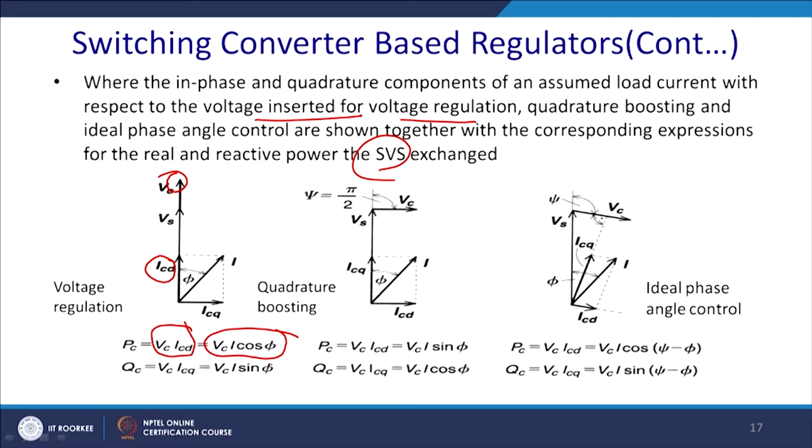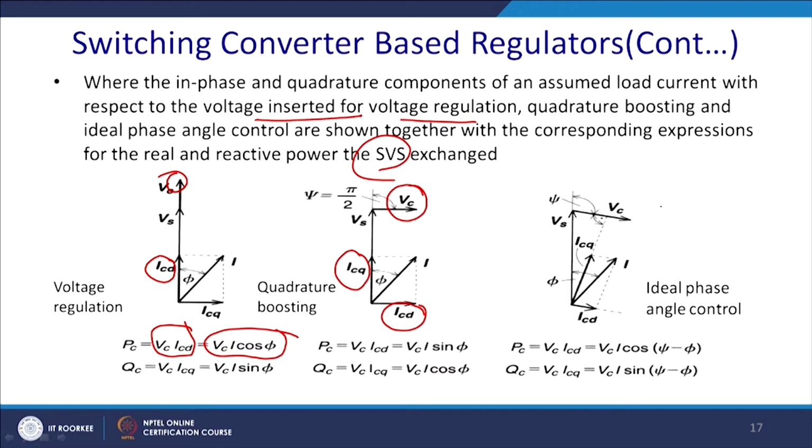In the same way, for quadrature boosting you inject the current perpendicular to Vs. So, ICD will come this way and IQ will come this way, and thus the new compensating real power will be Vc into ICD, that will be I sin phi, and similarly it will be cos phi.